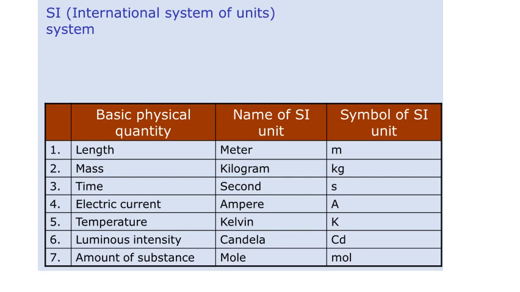Then we have name of SI unit and symbol of SI units. For length we use meter, m. Mass, kilogram, kg. Time, second, s. Electric current, ampere, A. Temperature, Kelvin, K. Luminous intensity, candela, cd. And amount of substance, mole, mol.